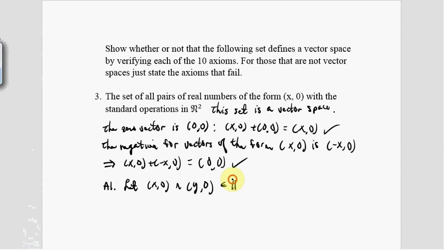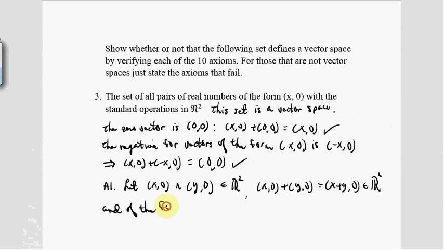Say here, it's in R2. Well, x comma 0 plus y comma 0 is equal to x plus y comma 0. That's still in R2 of the form, right? And of the form x comma 0.